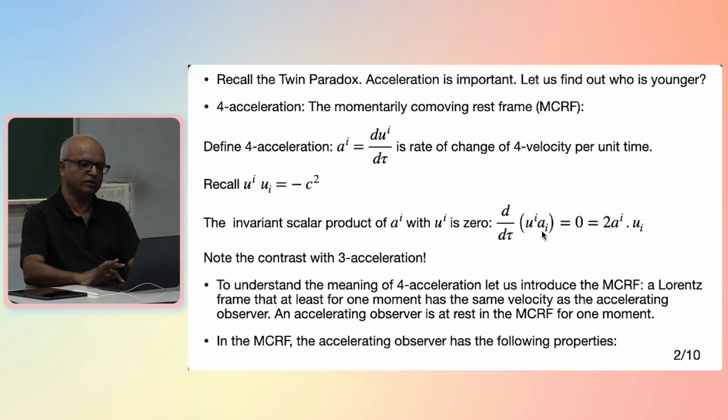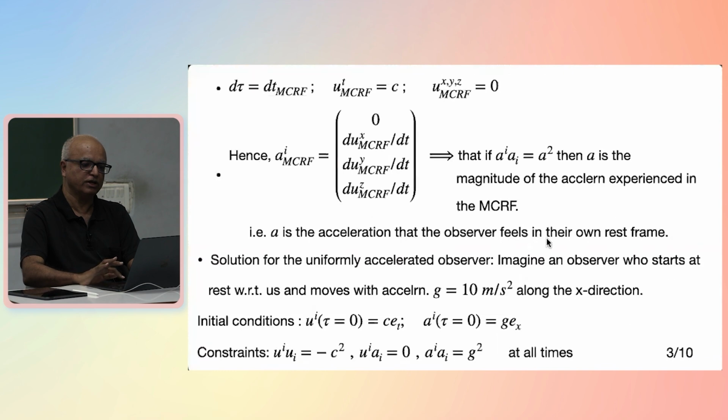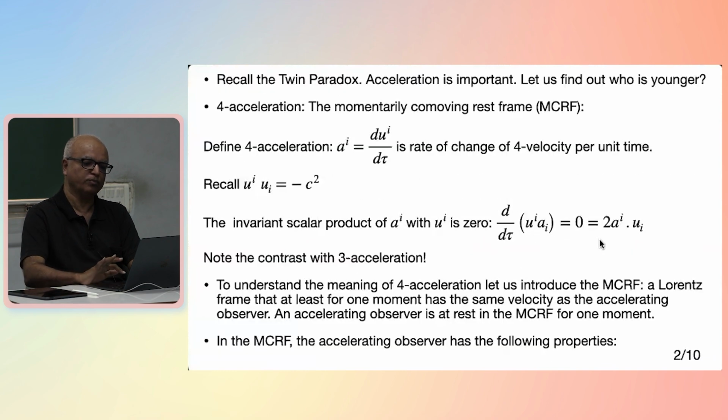After differentiation, you will get a factor 2 because the dτ acts on both the u^i's. So since this is 0, this scalar product is 0.